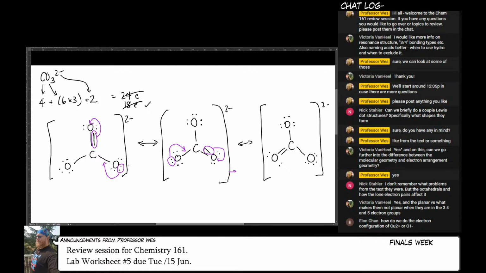That'll get me to the next structure. And then to go all the way back to the first structure, I could just move this guy back to where it was and this one in here. So in each of these cases, I'm moving a pair of electrons into a bond and I'm moving another pair of electrons out of a bond.